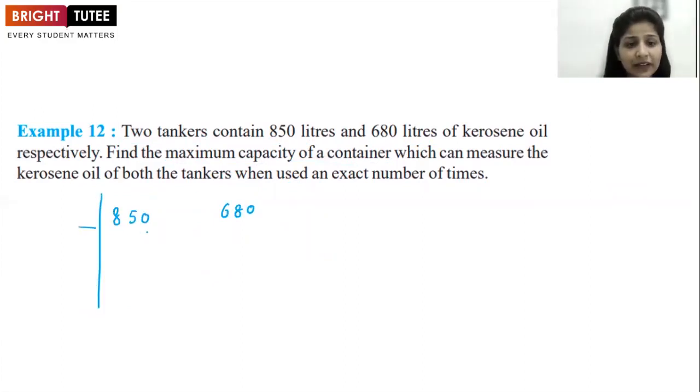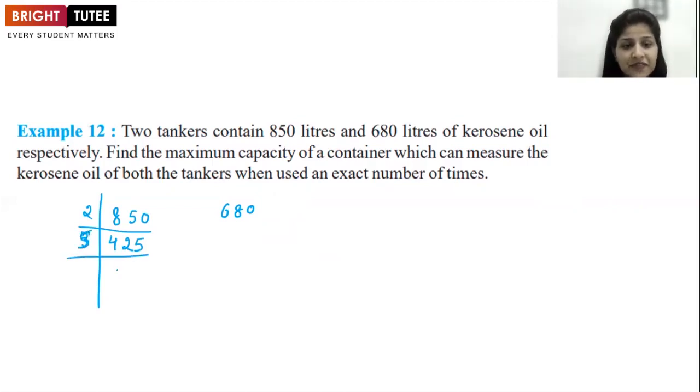Let's do the prime factorization. We'll start with 2. 2 fours are 8. 2 twos are 4. 2 fives are 10. Now it is not divisible by 2 because it became an odd number. 425. Is it divisible by 3? No. We'll start with 5. It is not divisible by 3.